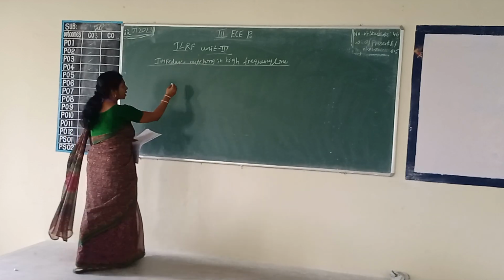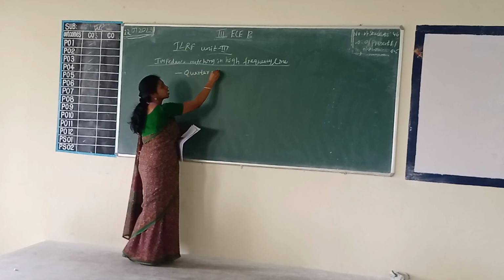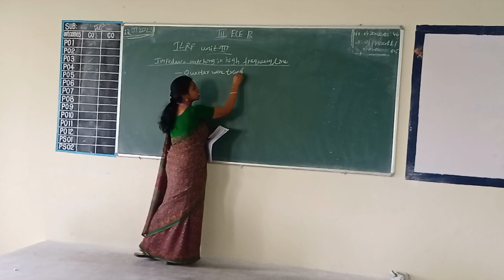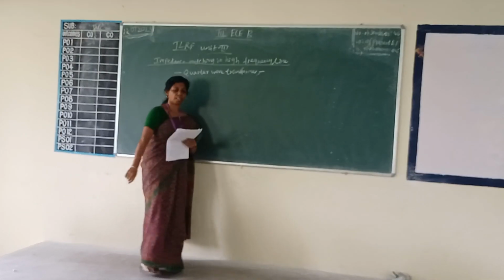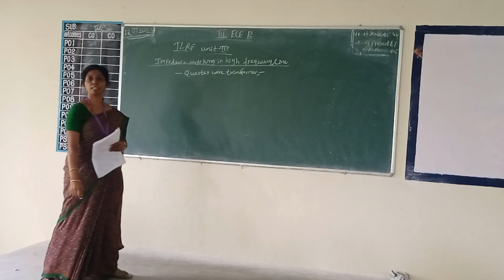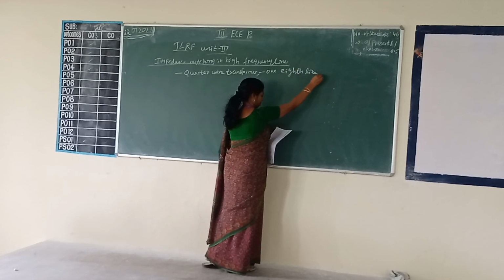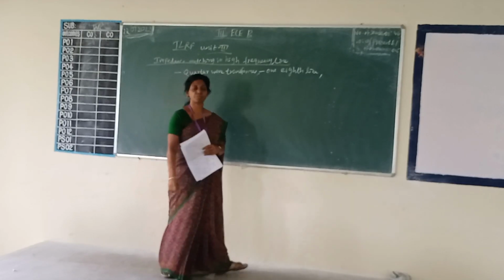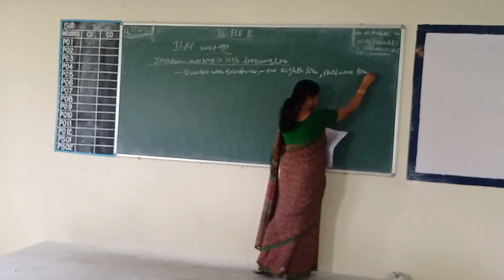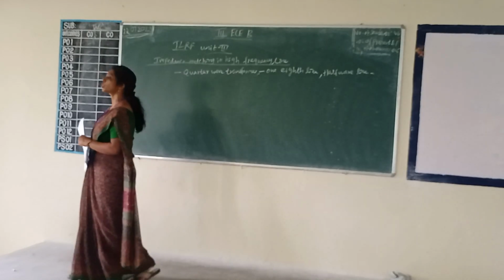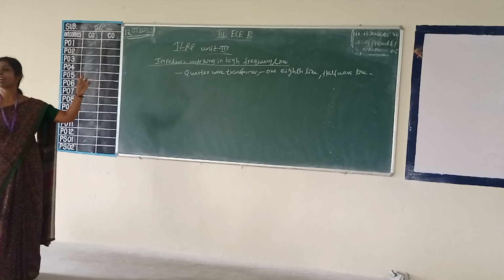Under that put a hyphen like this and write quarter wave transformer, comma, half-wave line.